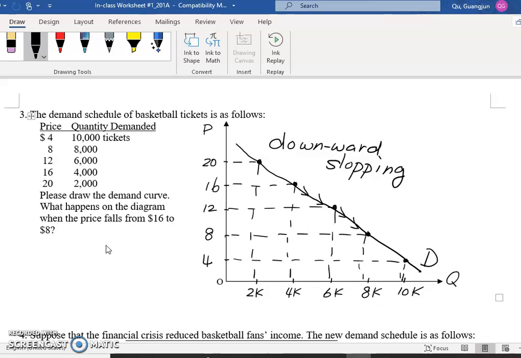So we find that the quantity demanded for basketball tickets would go up from 4,000 to 8,000. On the graph, we find that there's a movement along the curve when the price decreases.